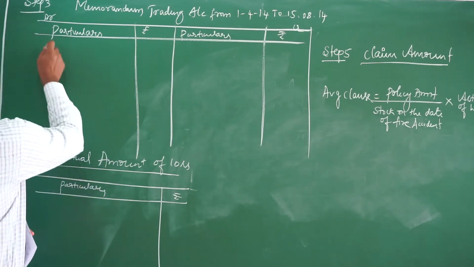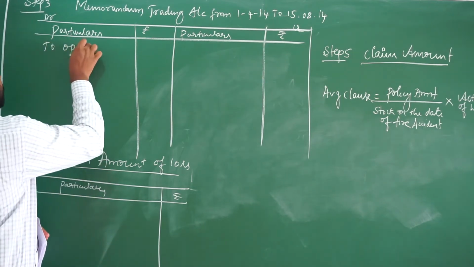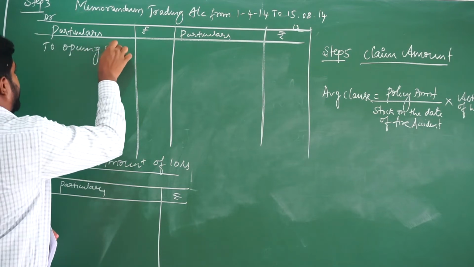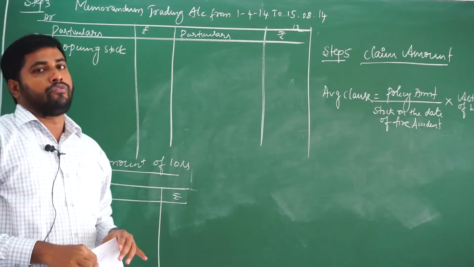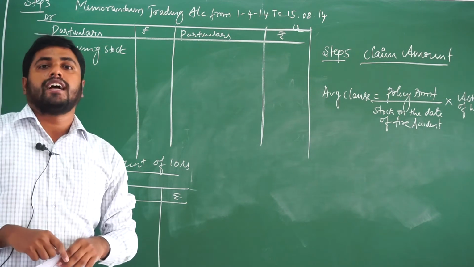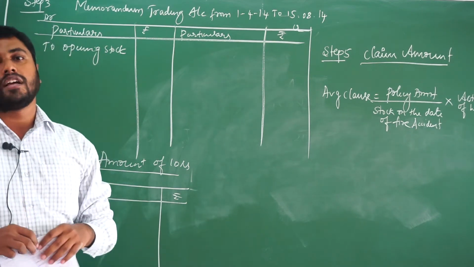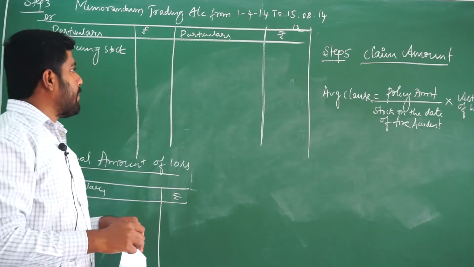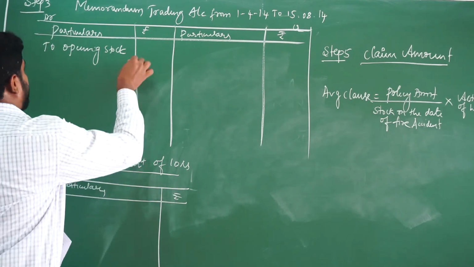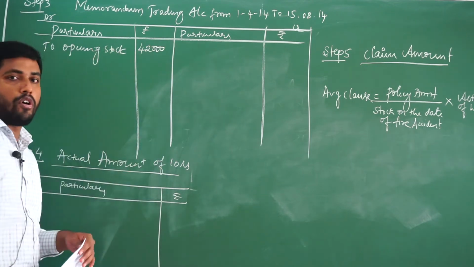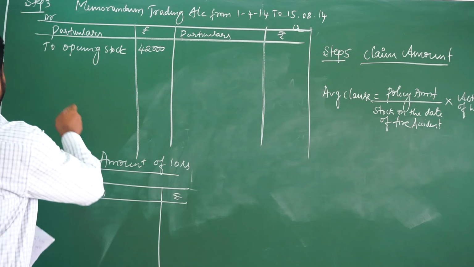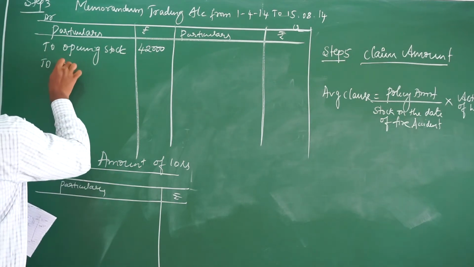First record opening stock. The opening stock on 1/4/2014 is not given, but we know that the previous year's closing stock will be the opening stock for the next year. In the previous year the closing stock is 42,000. That 42,000 will become the opening stock for the next year. And next record purchases.